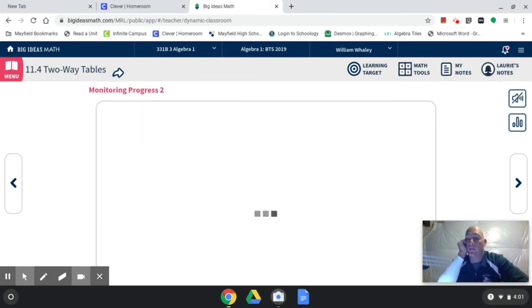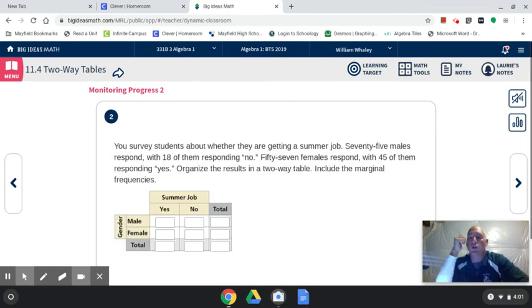But I really want you to be able, if you can build a two-way table, you'll understand a two-way table. Okay? So you survey students about whether they are getting a summer job. 75 males respond with 18 of them responding no. 57 females respond with 45 of them responding yes. Organize the results in a two-way table, include marginal frequencies.